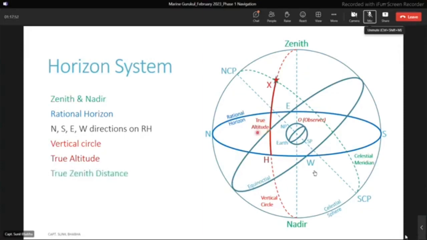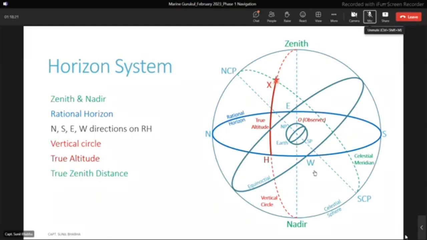Now once we have understood the concept of true altitude, it will be very easy to understand another term, which is the true zenith distance. Now you see, if you look at this vertical circle, it crosses the rational horizon at point H. Then if you move towards the body at point X, this vertical circle reaches the center of the body.